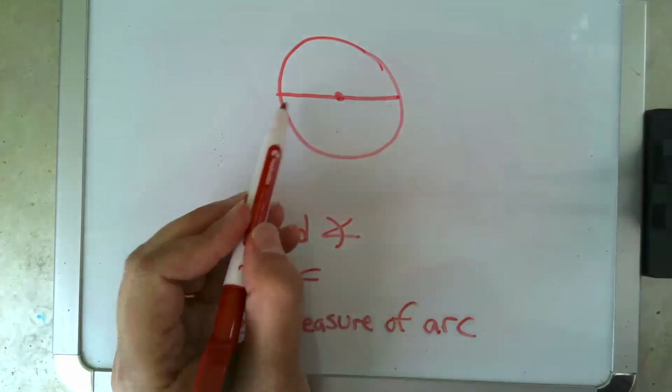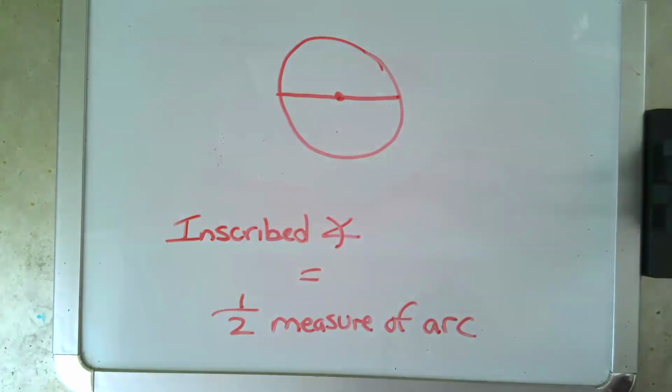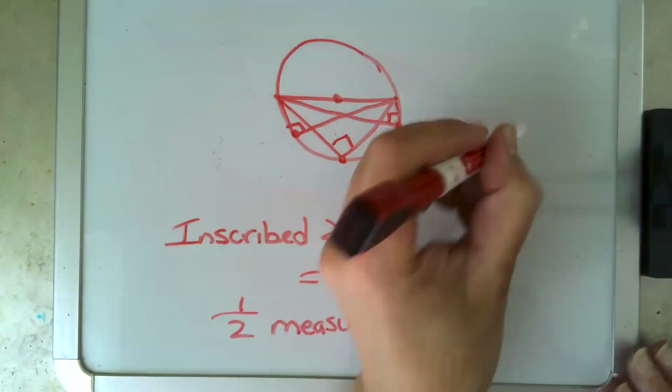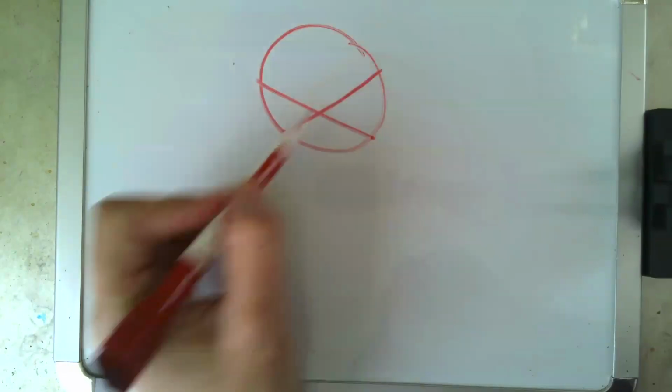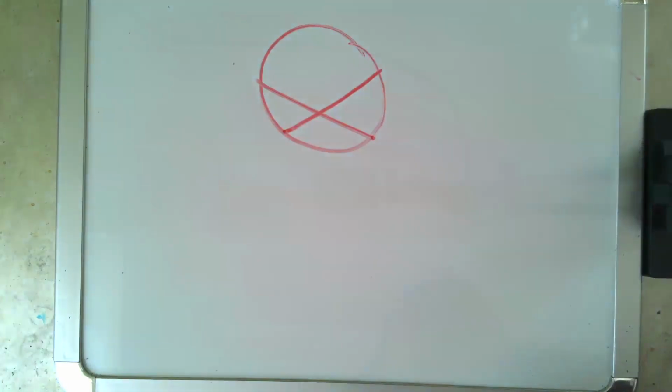And that means that any angle inscribed in a semicircle will be a 90-degree angle. It will be 1/2 of the central angle. So if on a test, your teacher gives you that information, that teacher is telling you that this is a right triangle.